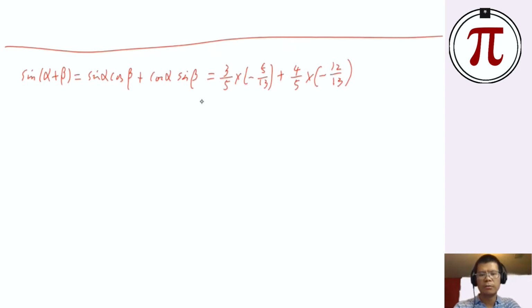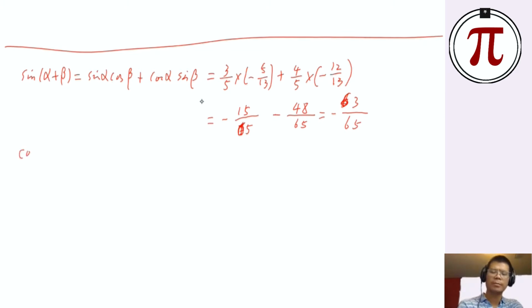The first term is negative 15 over 65. And minus 48 over 65. So it's minus 15 minus 48, that's negative 63 over 65. That's the sine of alpha plus beta.